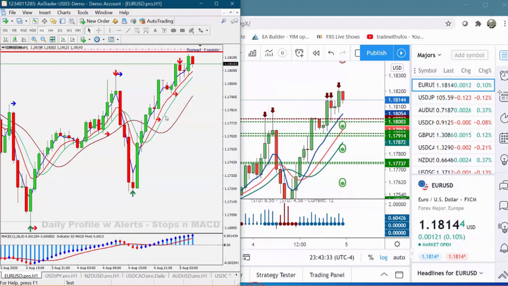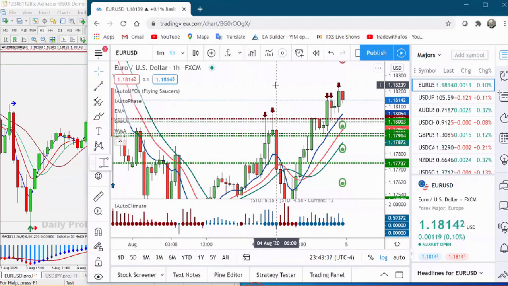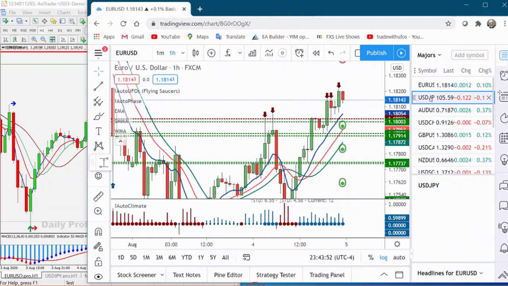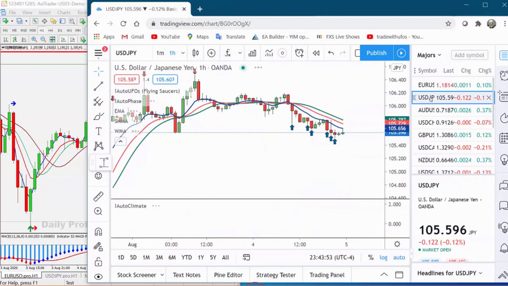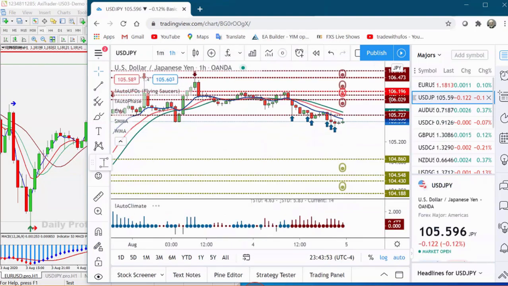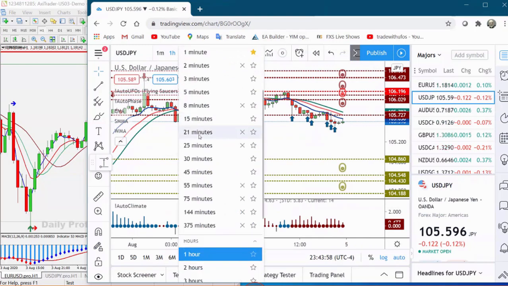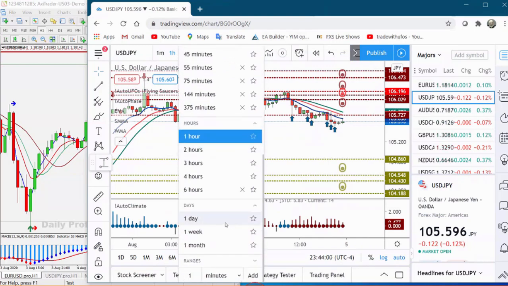All right, so let's go ahead and take a look at some other opportunities. Let's see what we can find here. All right, let's look at the US yen, and I'm going to start with the daily.